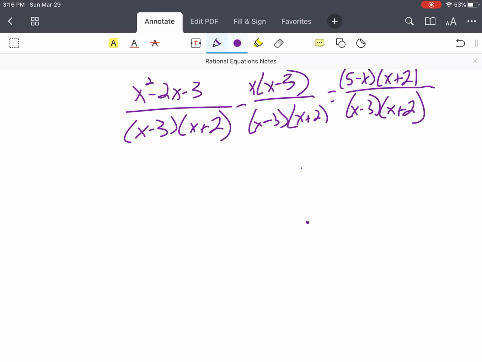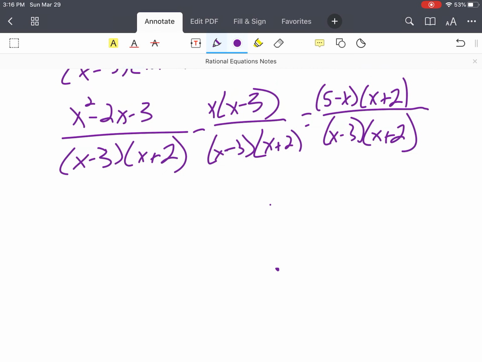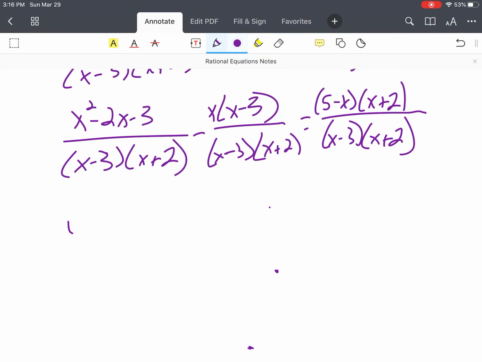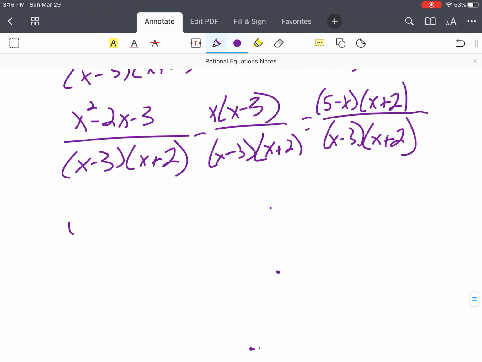Let's try to get rid of that one. Go back to this, but I want to zoom in. So we've got x squared minus 2x minus 3 minus, okay, I'm going to distribute that x and distribute the negative.